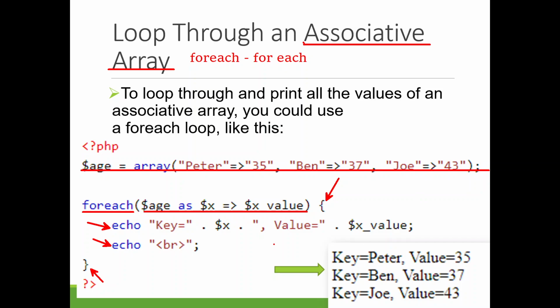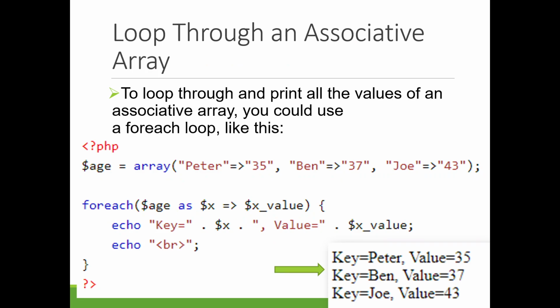So how to do that? Inside the foreach parameter brackets here, we specify the array, so this age. Then we want this array to be saved as x. It's just like we are copy pasting all the values of this array here in x.